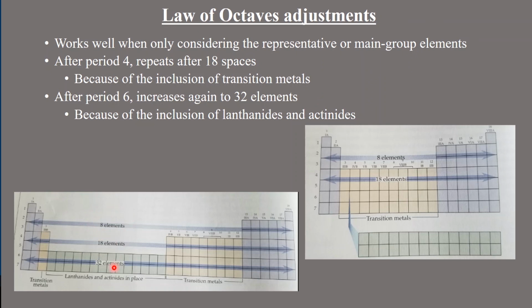So far in the previous slides, you have seen the lanthanide and actinide series as a separate block below the main part of the table. This is just a convenience to allow the table to fit better on the page. In reality, the lanthanide and actinide series should fit right into periods 6 and 7, like in this image.